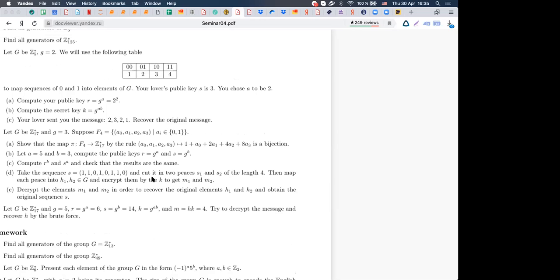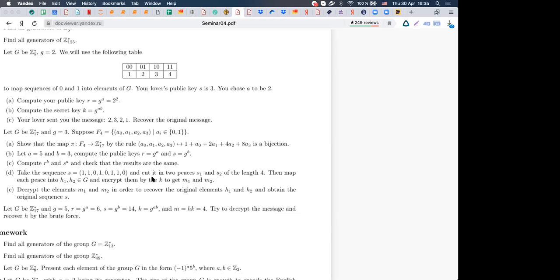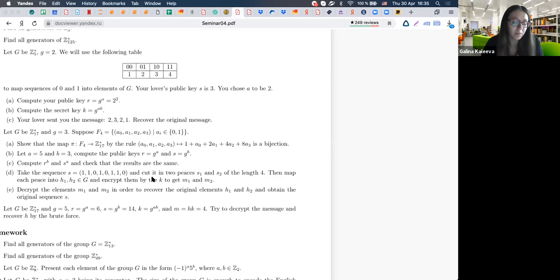Okay, we have one S, and then we split it into two different messages. And then for each two elements from our group, we have to encrypt the message.